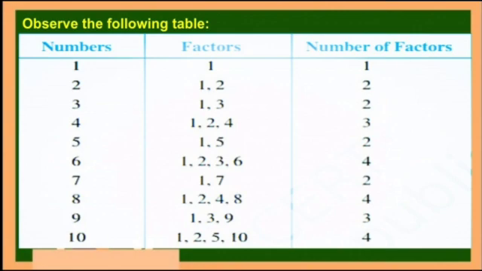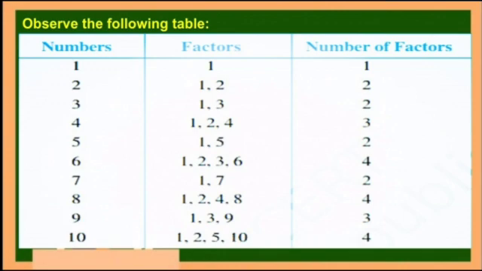There are some other numbers which have more than two factors. For example, 4 has 3 factors. 6 has 4 factors. 8 has 4 factors, and 9 has 3 factors. 10 has 4 factors.